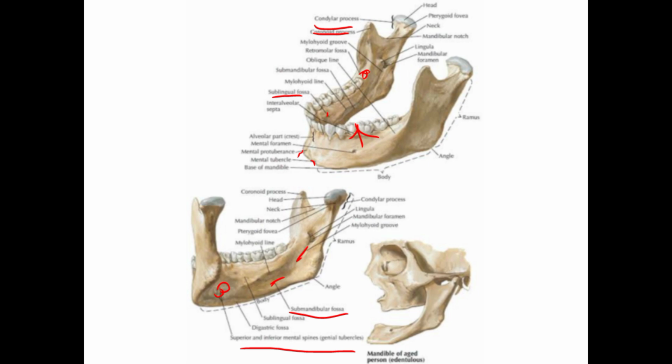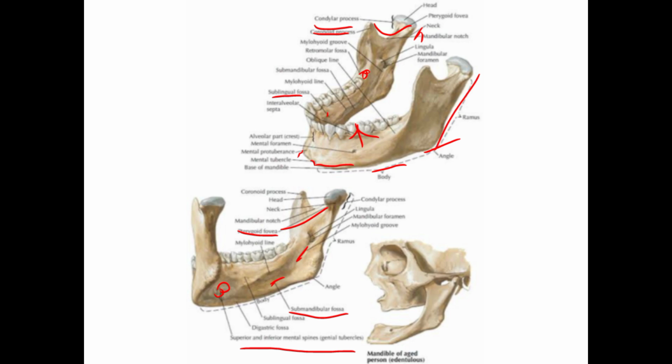Then you have the pterygoid fovea, and you have the mandibular notch. This is the neck region. Base, angle, body, and ramus.